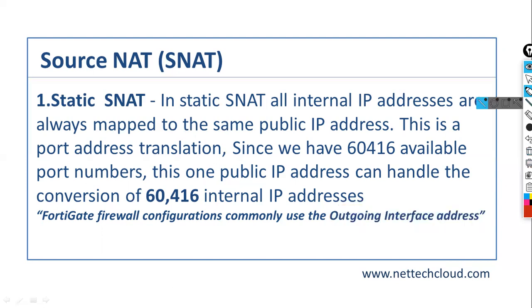But yes, it can be changed, because a lot of engineers do not prefer to use the firewall interface IP in any translation. So if extra IPs are provided by your service provider or internet authorities, you can use those IPs in your NAT translation instead of the firewall interface IP.